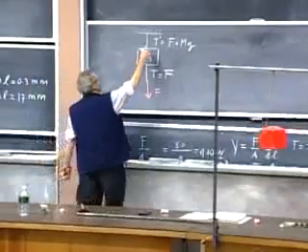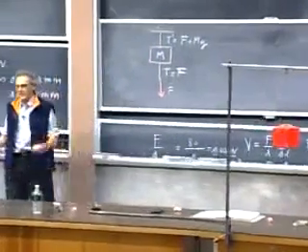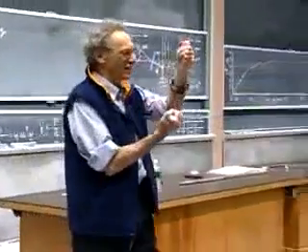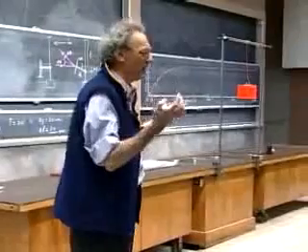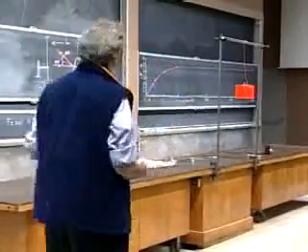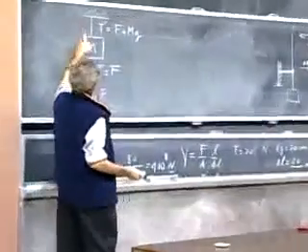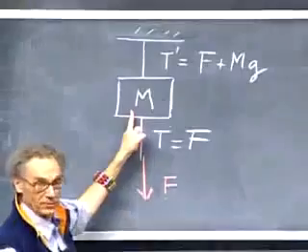Because what does it mean that this string is going to break? It means that string has to get longer by a certain amount delta L before it says, sorry, I got to go, and it breaks. For this string to get longer by a certain amount delta L, this block has to come down.